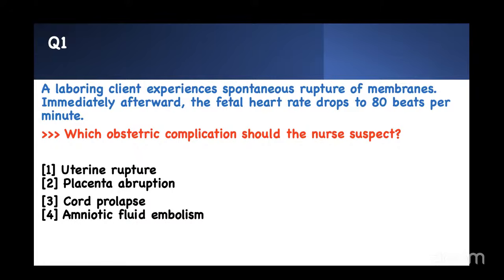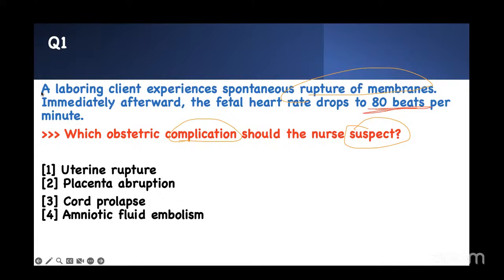Immediately afterward, the fetal heart rate drops to what? 80 beats per minute. How do you answer this question? It's a test-taking strategy and content mastery, right? The nurse should suspect this complication. Rupture of membranes is key in guiding this complication, and the baby's heart rate drop.